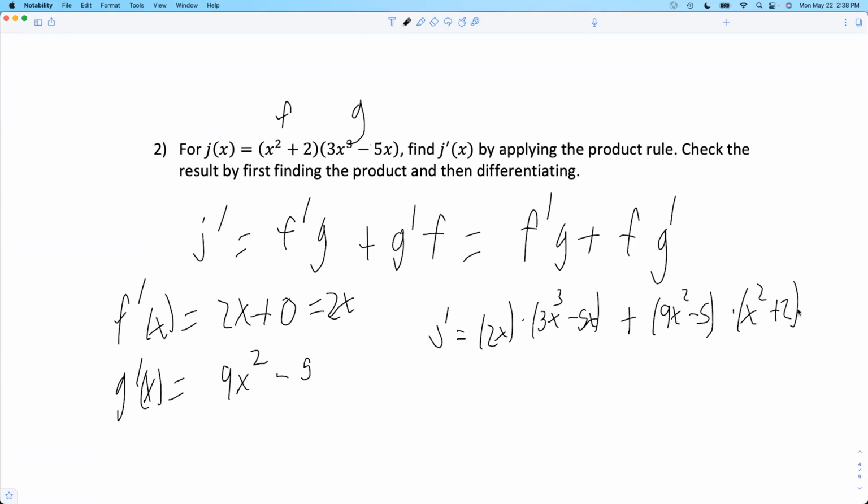And then maybe we would want to simplify this, multiply everything out, add like terms, maybe not. For now, I'm just going to leave it alone. It's perfectly fine the way it is. So this was F prime, that's regular old G. This is G prime, and that's regular old F.